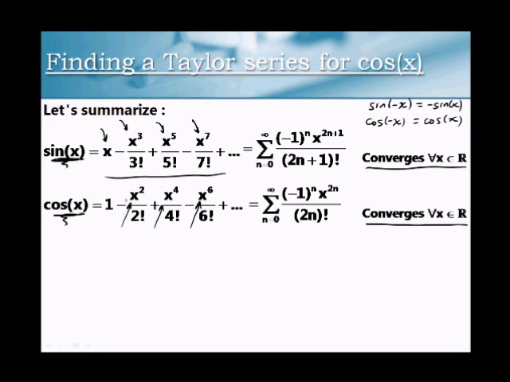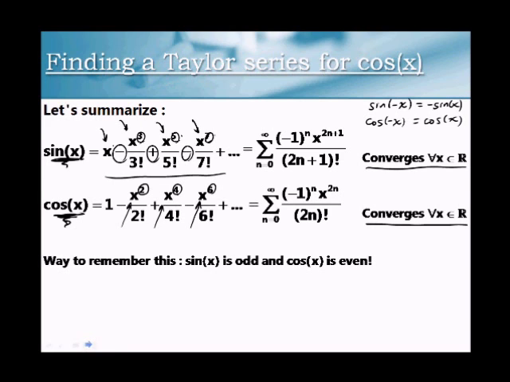They have a lot in common, alternating signs and powers that count up by 2 each time. So one way to make sure you don't get them mixed up is to remember cosine is even and all of its powers are even. Sine is odd and all of its powers are odd. So it's a nice way to remember your Taylor series for sine and cosine.